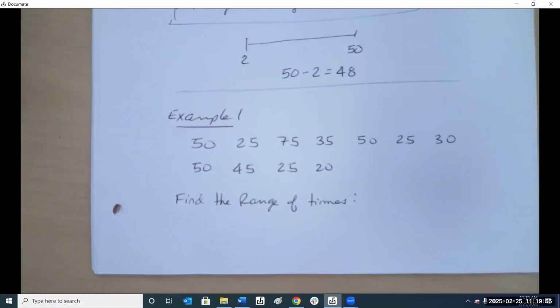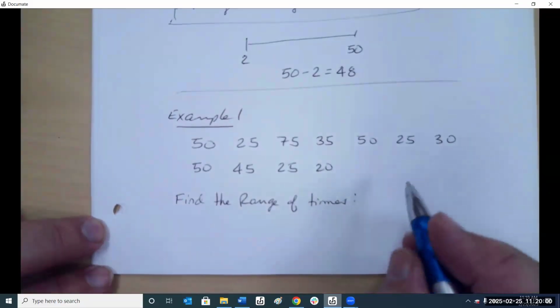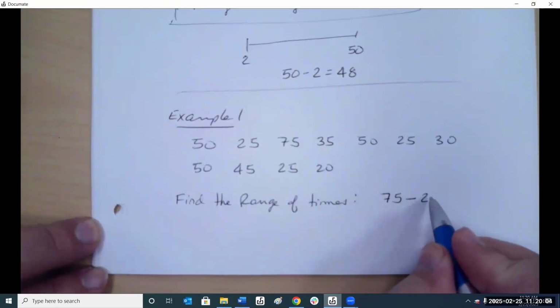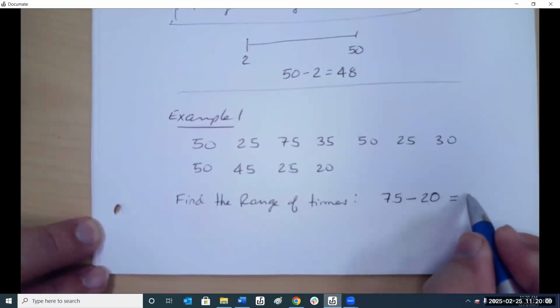So to find the range, what do we have to find? Yes, so what's the largest minus the smallest? Is it 20? 20. And that equals?